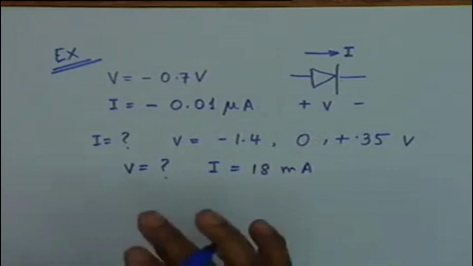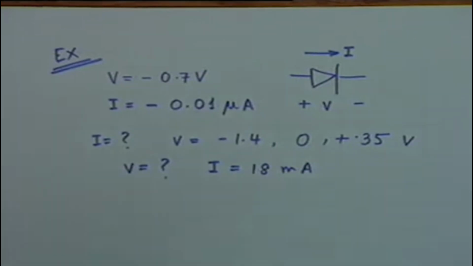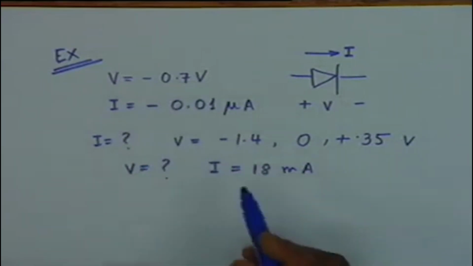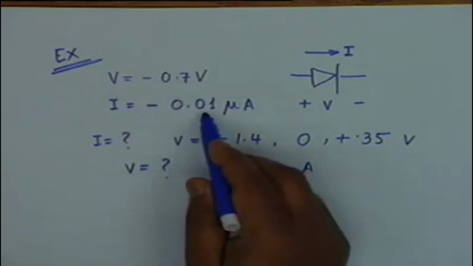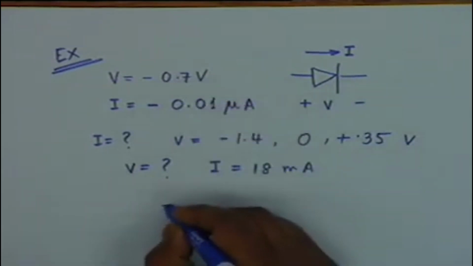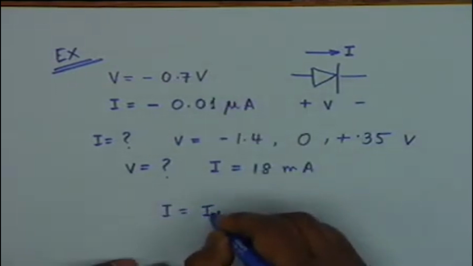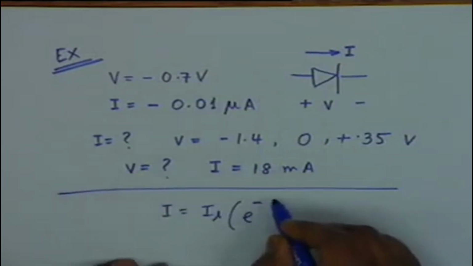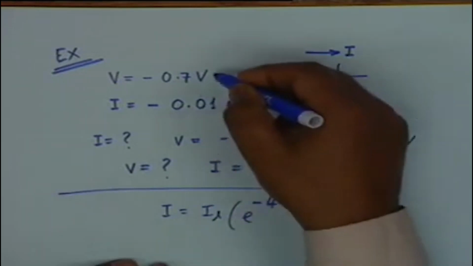Basically it is an interplay of the same equation. However, there are some simplifying features which I wish you to notice. Firstly, at a voltage of minus 0.7, capital I is minus 0.01 microampere. Now if you substitute in this equation I equal to Is e to the power minus 40, why minus?